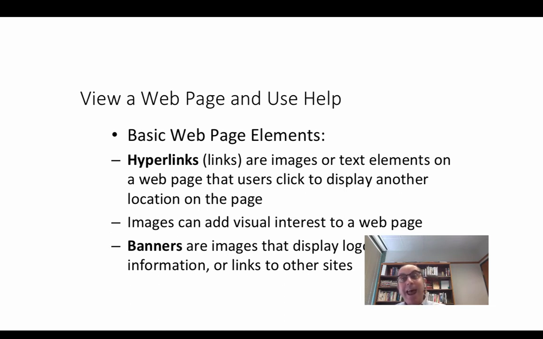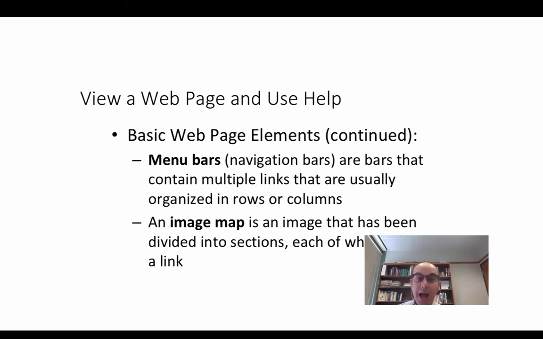This is a very narrow definition, but banners are also the idea of getting excitement into your website. We also have the menu bar, which is where the navigation takes place. And we also have the image map, which is an image that has been divided into sections, each of which serves as a link.